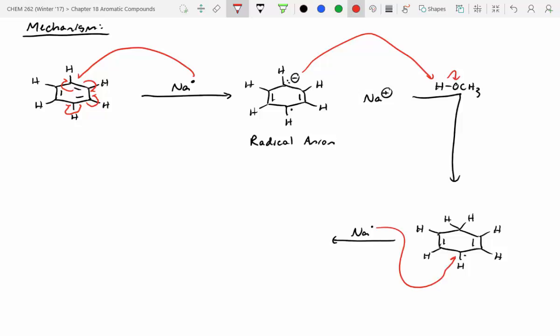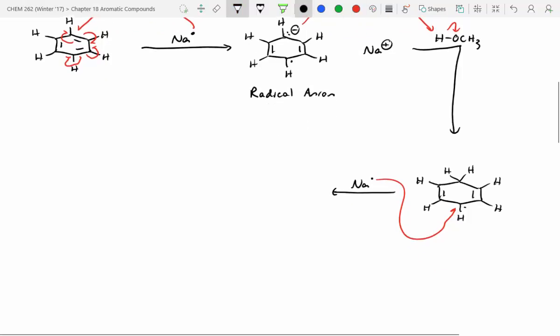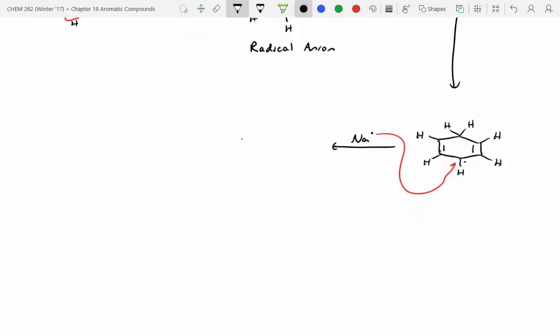And remember, anytime you're moving single electrons, use those fishhook arrows, not the double-headed arrows. And we'll go ahead and make an anion. Okay, and then last but not least, what do you think is going to happen?